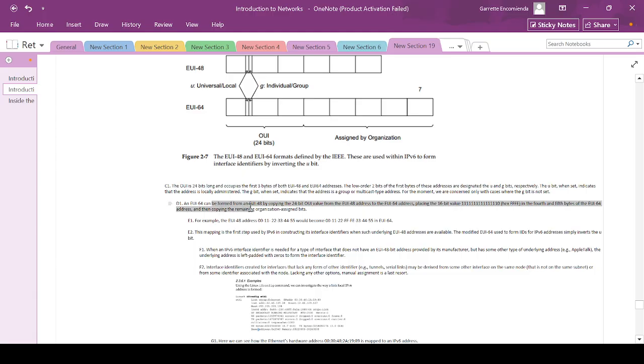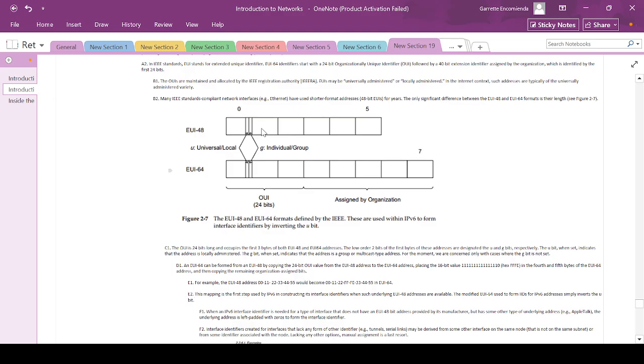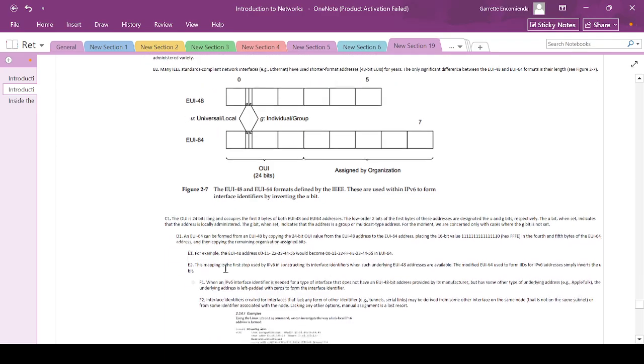So again, an EUI-64 can be formed from an EUI-48 by copying the 24-bit value from the EUI-48 address to the EUI-64 address. So we're copying the OUI here to this 64-bit address, placing the 16-bit value, which is the 2 bytes, in the fourth and fifth bytes of the EUI-64 address.